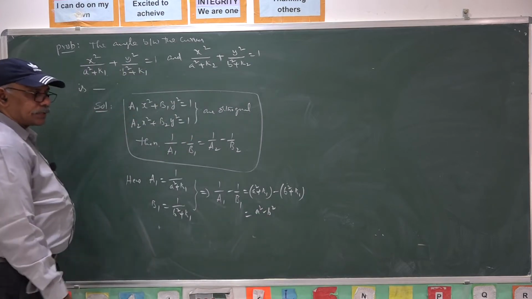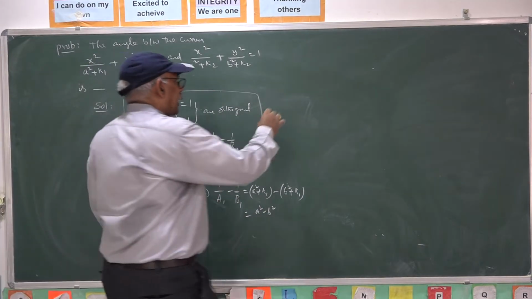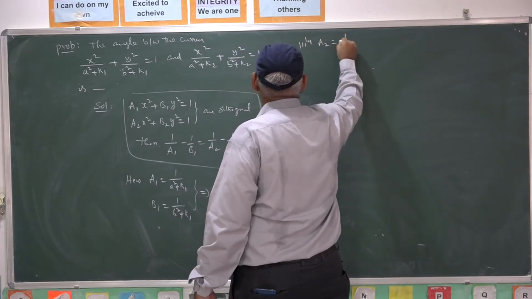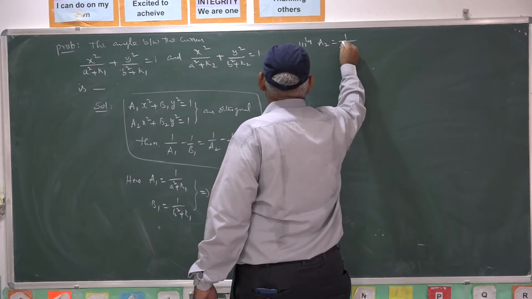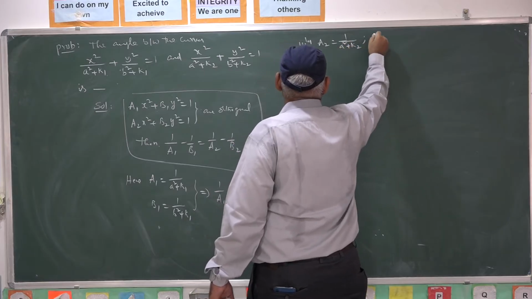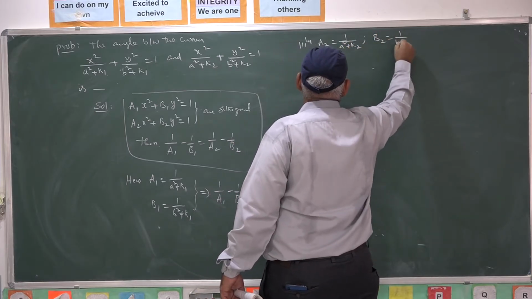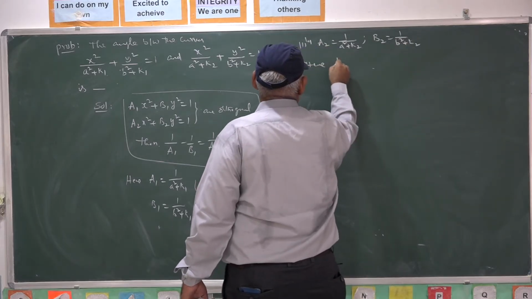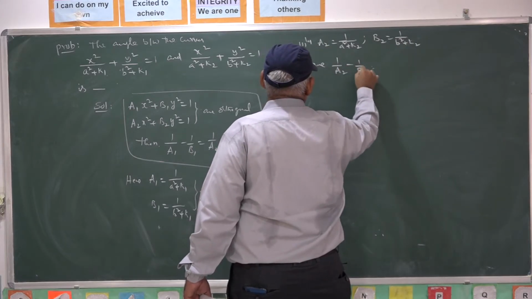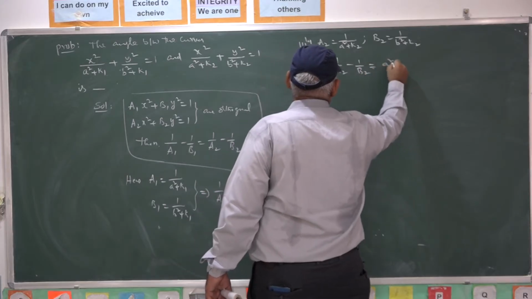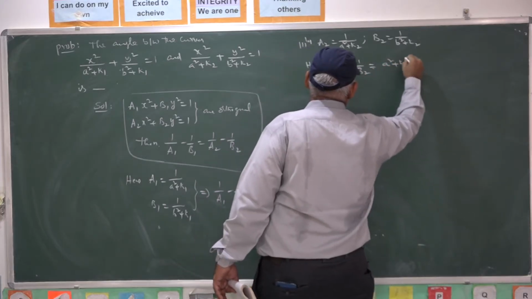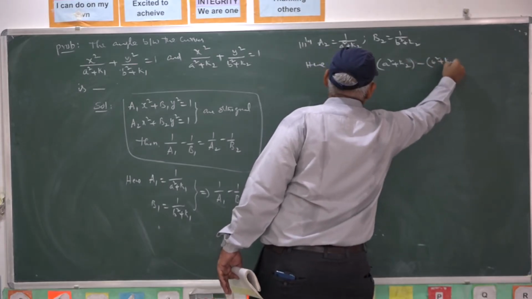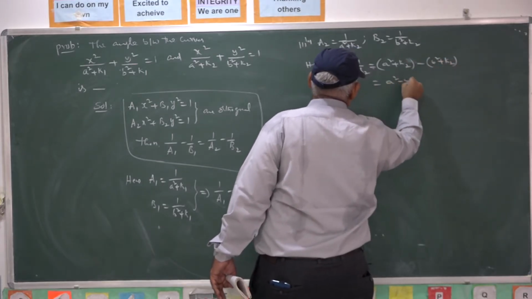We get a square minus b square. Similarly, from the second curve, you can observe that a2 is 1 by (a square plus k2), b2 is 1 by (b square plus k2). Here 1 by a2 minus 1 by b2 is also (a square plus k2) minus (b square plus k2). That is also a square minus b square.